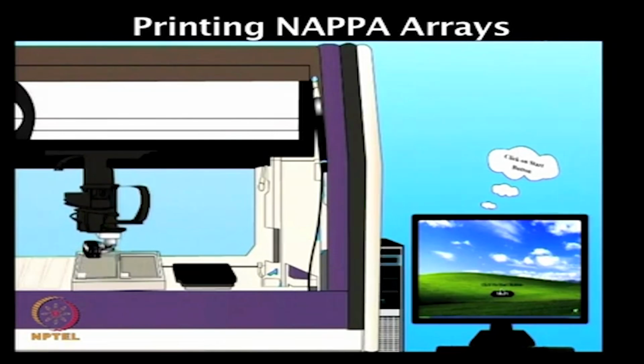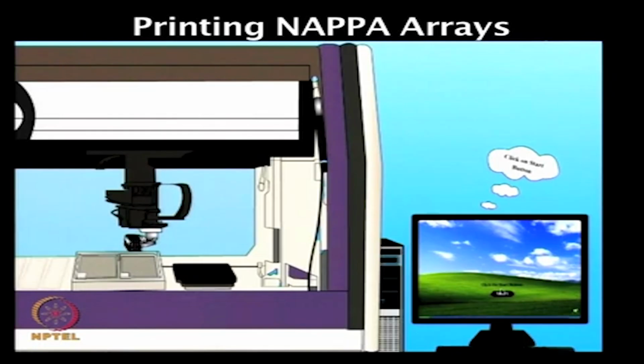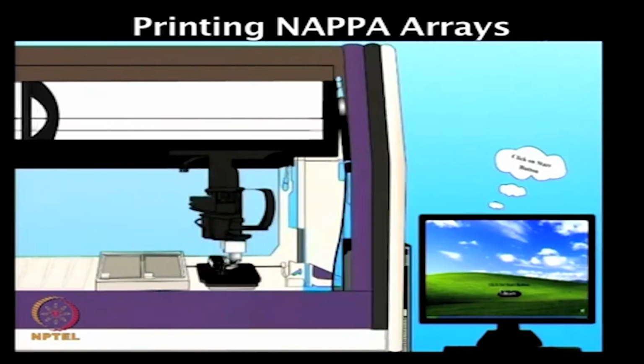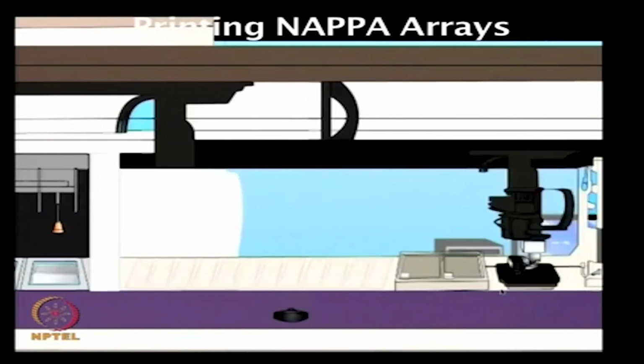First, you need to ensure that pins are washed thoroughly. You can wash with ethanol and water, and during the entire printing procedure, we need to ensure that humidity is maintained at 45 to 60 percent.